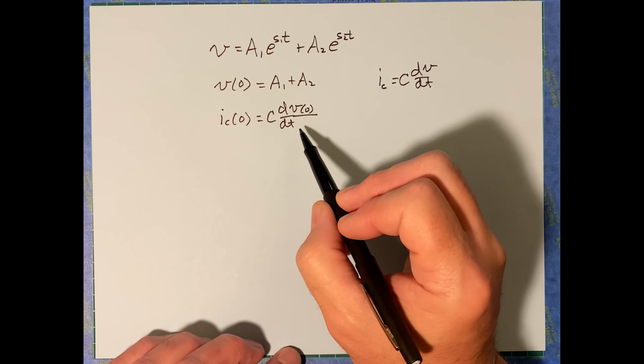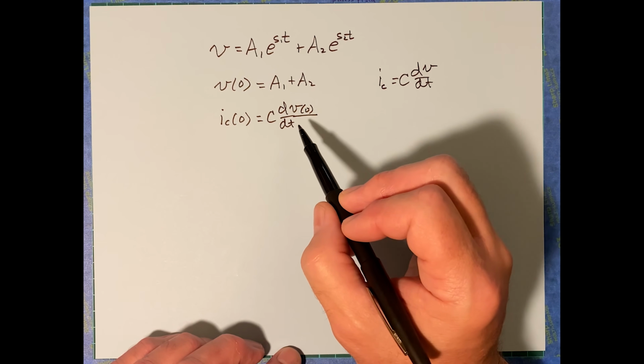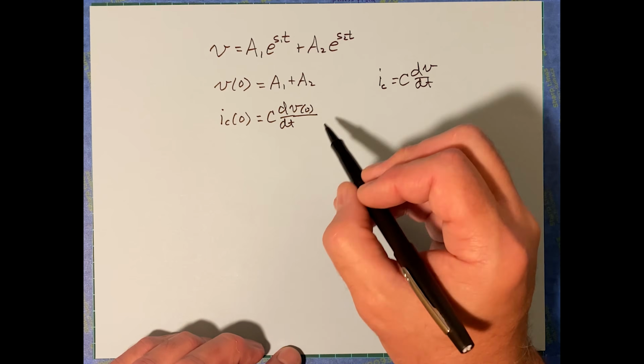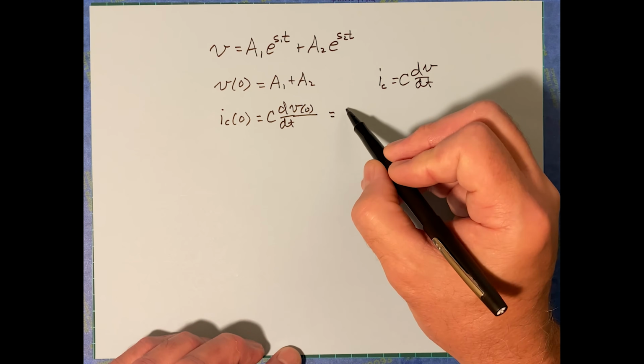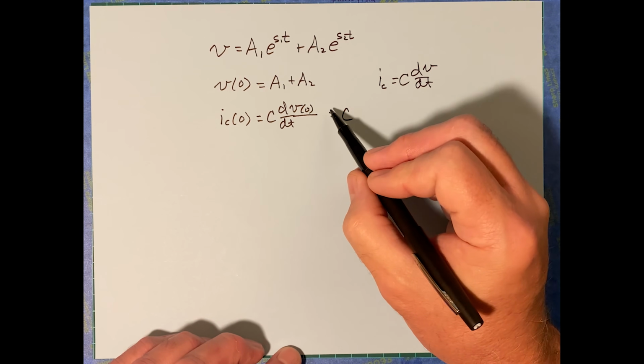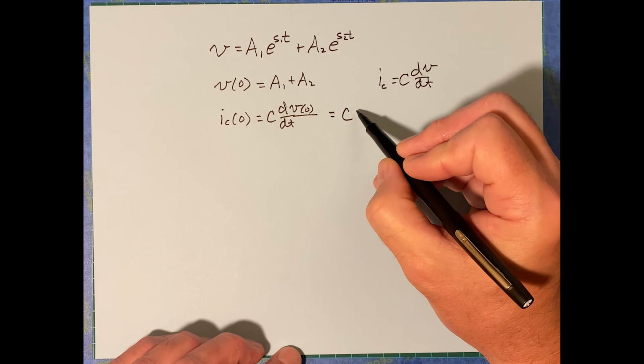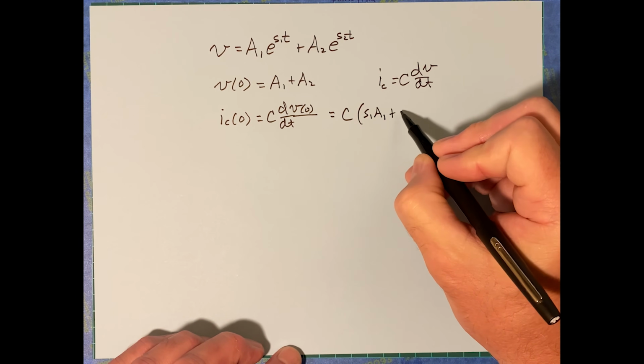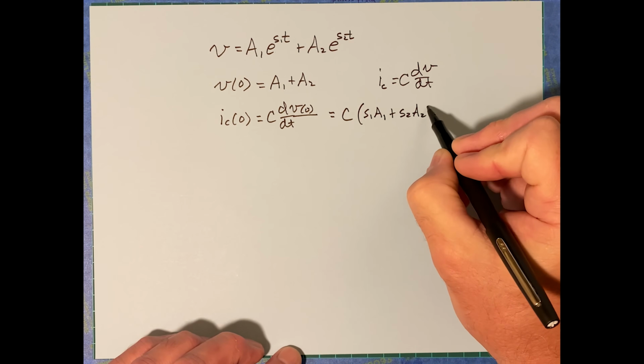Now, this is going to give you another way to get your second equation. Because if you take the derivative of this and evaluate it at t equals 0, this is going to be C times S1A1 plus S2A2.